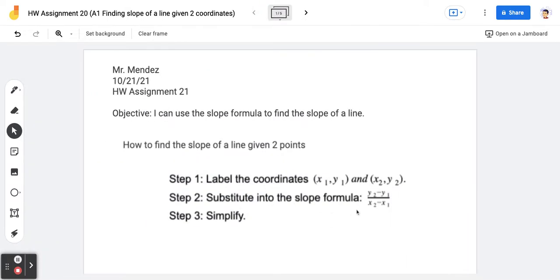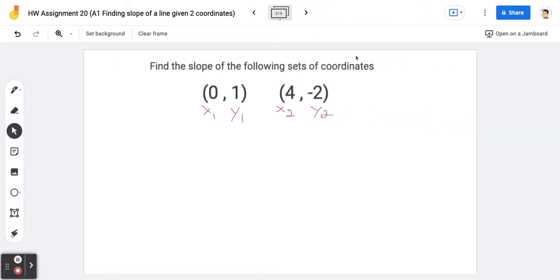Second step, we're going to substitute them into the slope formula that we see right here. So our slope formula is y2 minus y1 over x2 minus x1. So I'll write them just like that. So negative 2 is y2 minus y1, which is 1, over x2, which is 4, minus x1, which is 0.